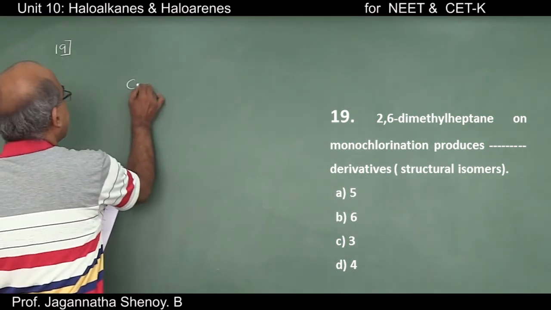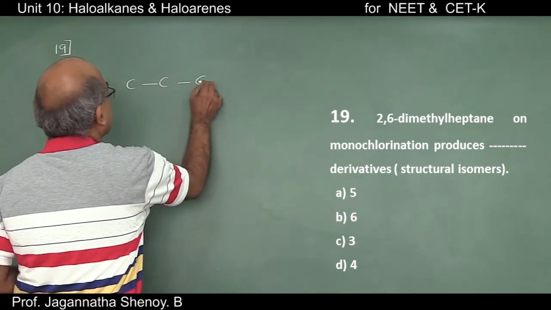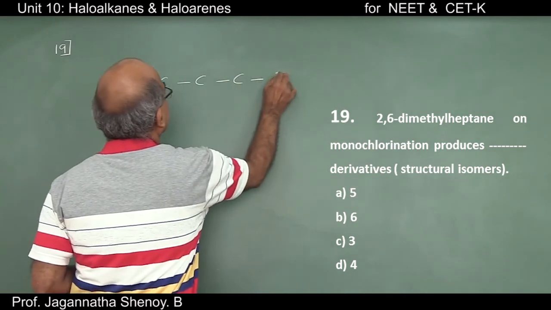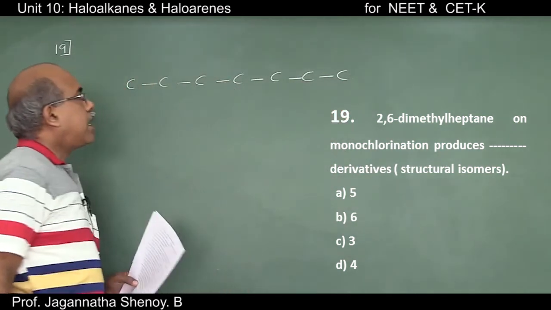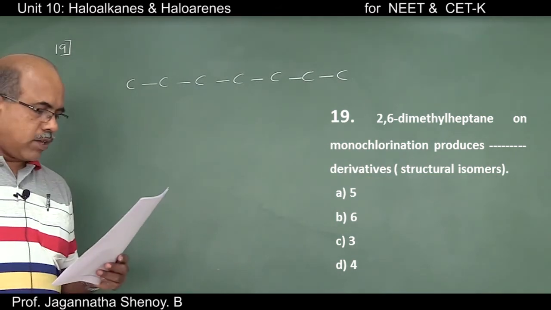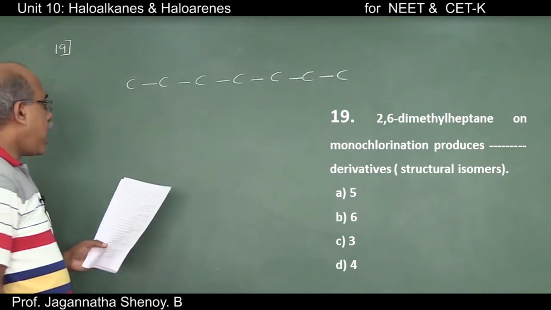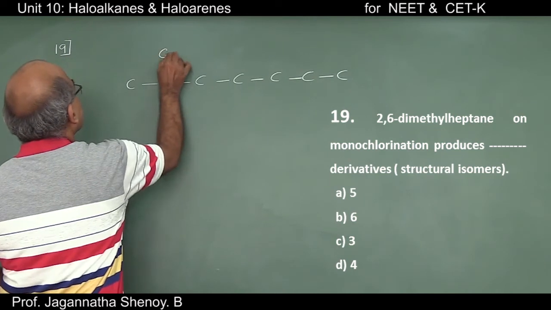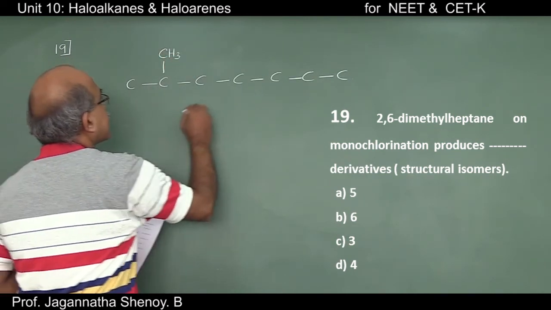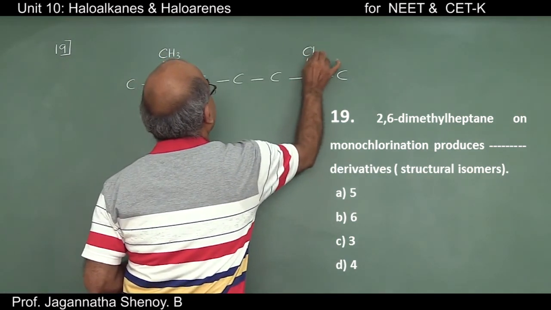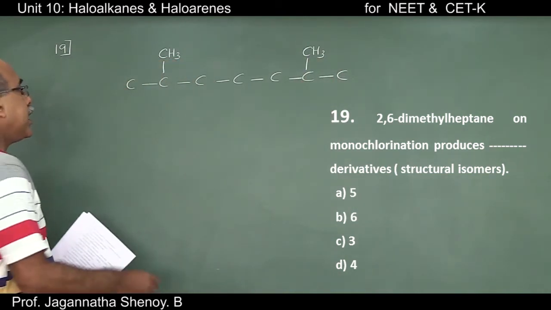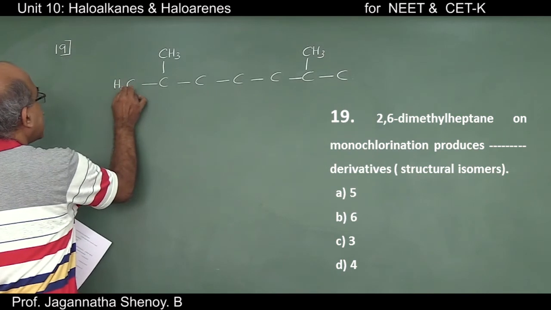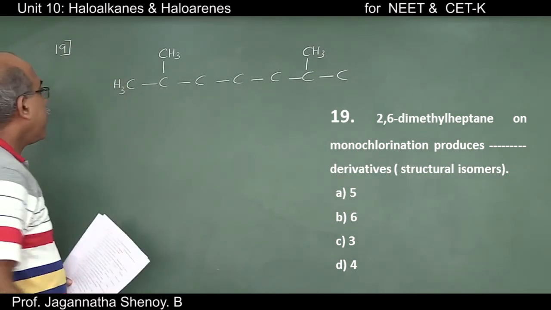So it has 7 carbon atoms in the main chain, and on the second and the sixth, we should have dimethyl. So it is CH3, and here you should have CH3. And then the rest of the valencies I'll satisfy by hydrogen.